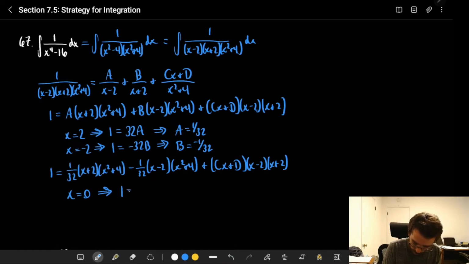So this is 1 equals 8 over 32 minus negative 2 times 4. Oh, sorry, why did I say 6 before? It's because I'm tired. It should have been an 8. Negative will give you a plus another 8 over 32, I believe.